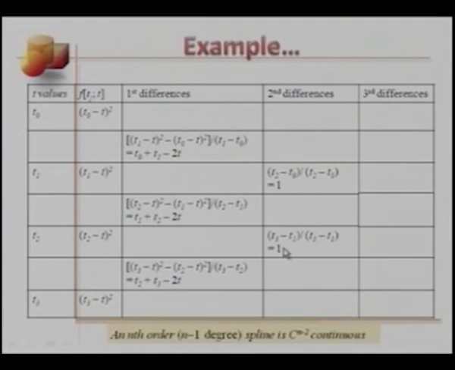Now remember this when we were discussing Peano's theorem. The mth divided difference of t raised to m would be 1. This is something very similar here. And the third divided difference, of course, will be 1 minus 1 over t3 minus t0, which is 0. And this would be for all values of t smaller than t0.